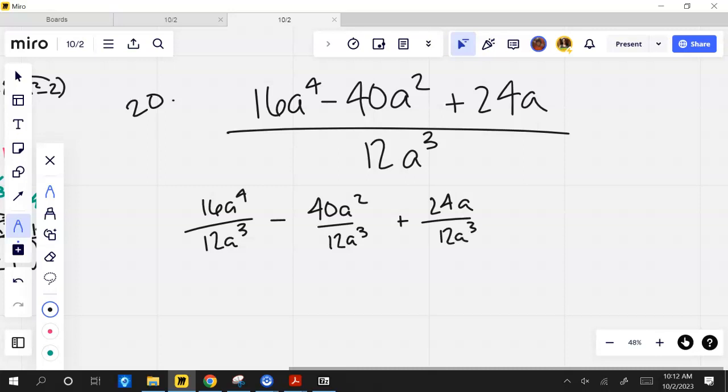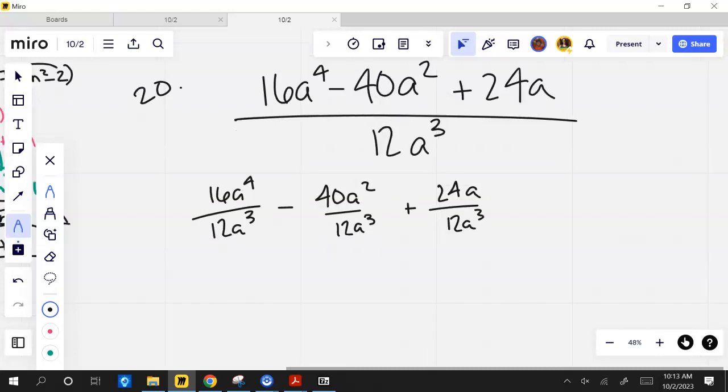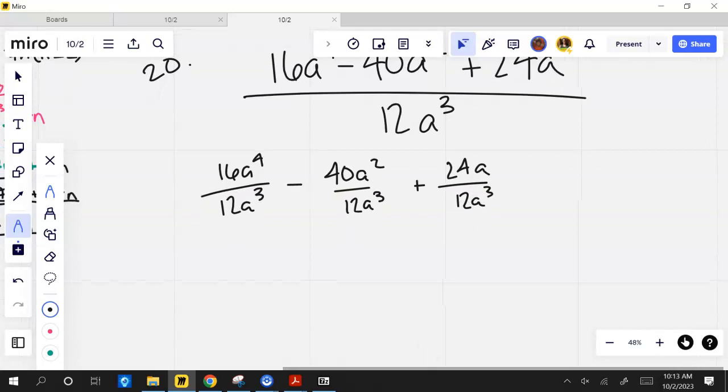Now simplify each one using those exact same properties of exponents we've been doing, right? 16 over 12 simplifies to what? 4 over 3, and then I've got 4 a's up top and 3 in the bottom, which leaves me 1a on top.